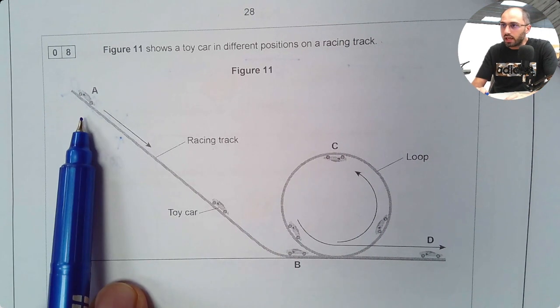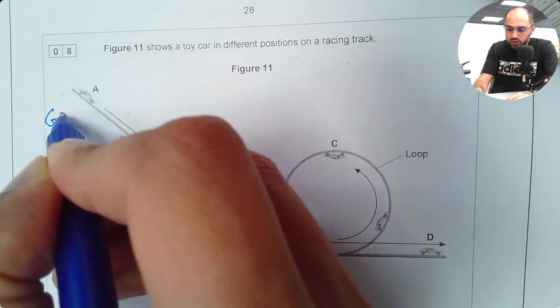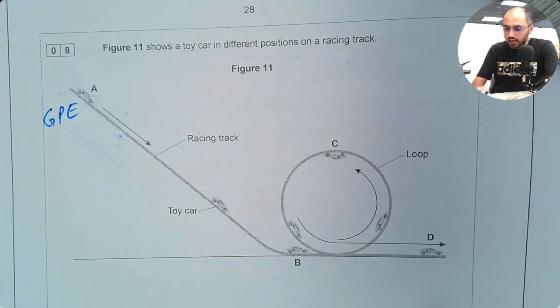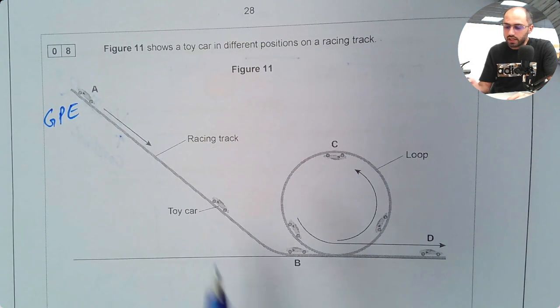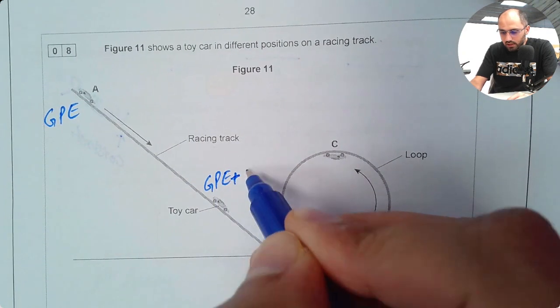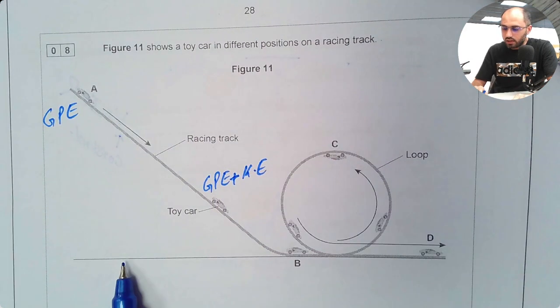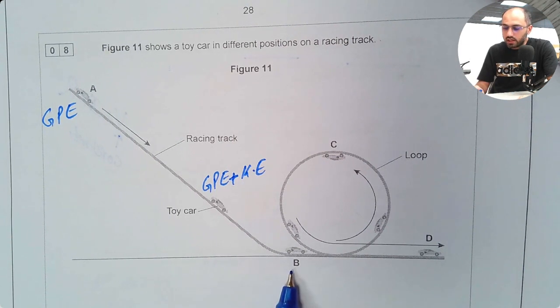At location A, if I assume that there is no loss of energy taking place, then I can say here it will have GPE. As it starts moving down, the GPE will decrease, and at this location, the car will now have GPE plus KE. At location B, there will be no GPE, provided that location B is on the ground.